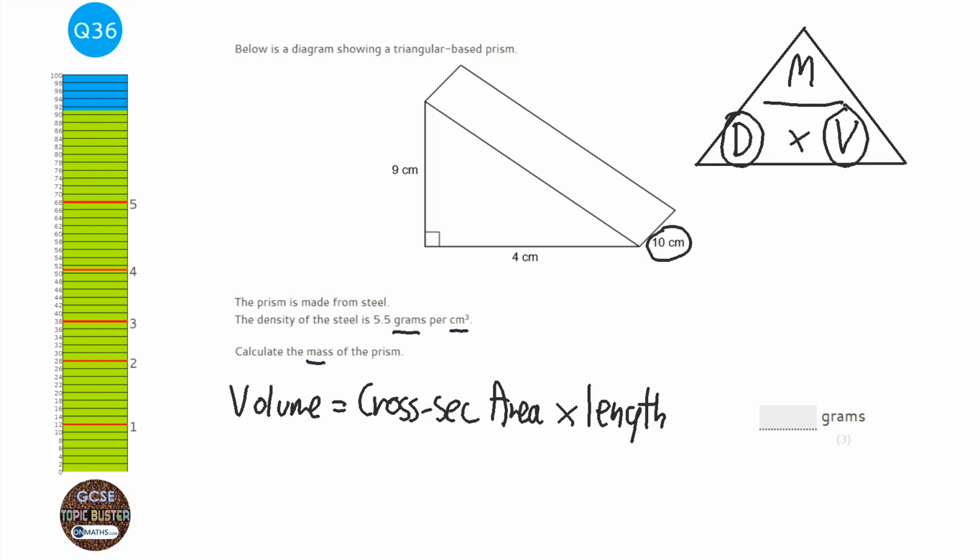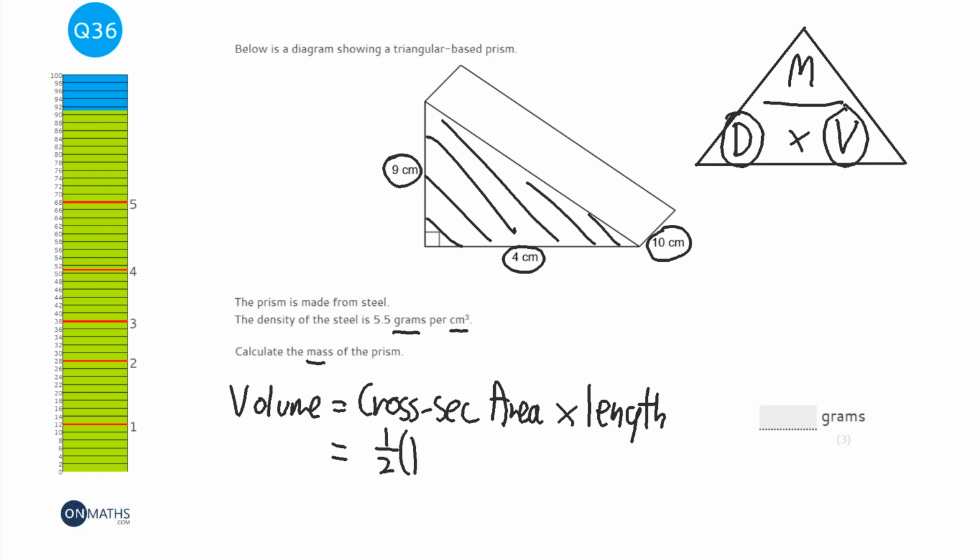So the length is this one here, and the cross-sectional area is the area of this triangle here. So it's the area of the triangle. We've got the base, which is 4, and the height, which is 9. So it's half times base times height, and then we're going to times it by the length, which is 10. So what have we got?